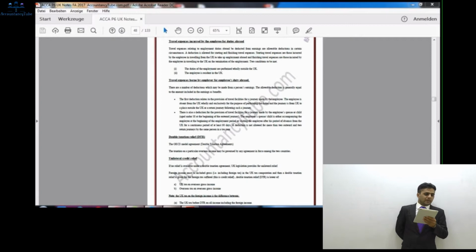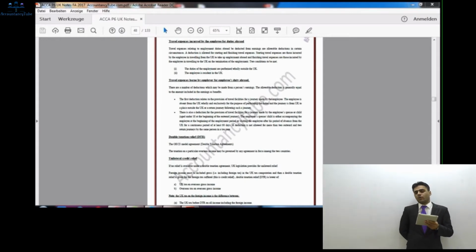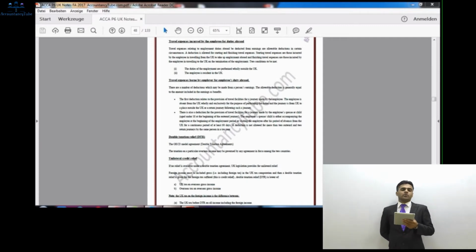What would the circumstances be? A deduction is allowed for the starting and finishing travel expenses. So a deduction will be allowed when you're going from the UK to outside the UK for the performance of duties. That is the first deduction which will be allowed, and when you're coming back to the UK, that deduction will also be allowed.